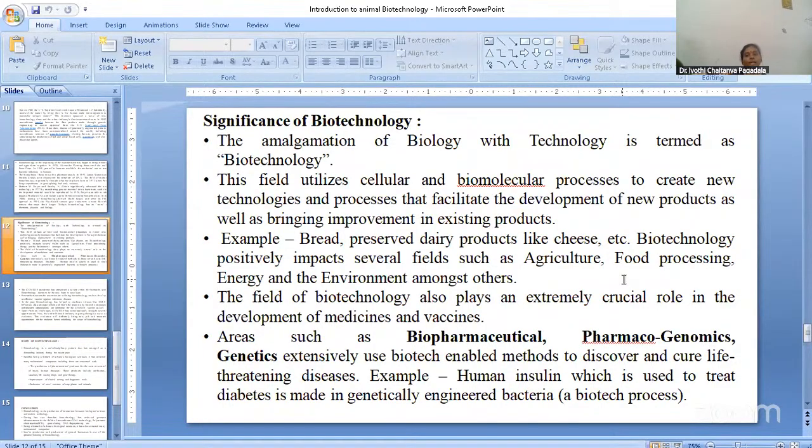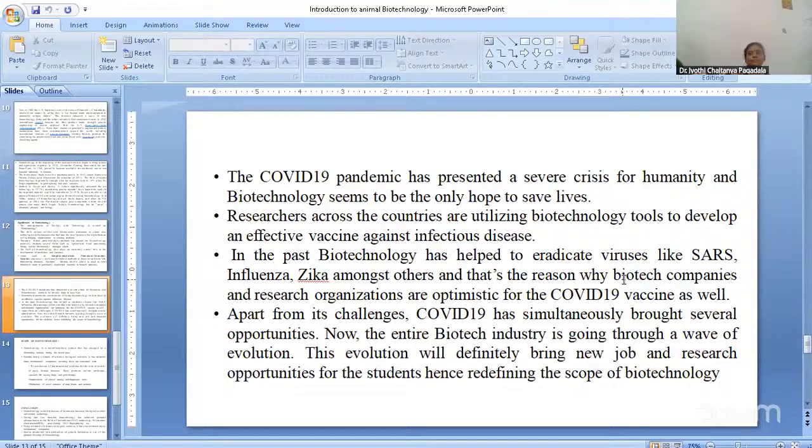As everyone knows, human insulin, which is used to treat diabetes, is made in genetically engineered bacteria through biotechnology processes. It is an interdisciplinary subject which links to microbiology, genetics, biochemistry, chemistry, food science, food technology and engineering, mechanical engineering, chemical engineering, biochemical engineering, and electronics.